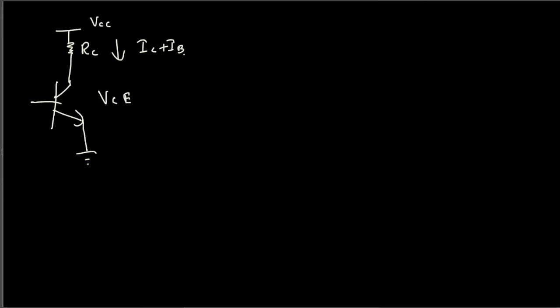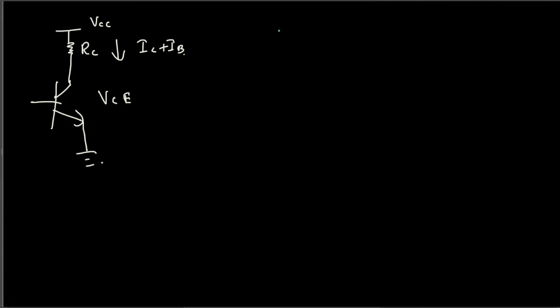So first we have a voltage source, that's VCC, and then we have a collector resistor, that's RC, and the current through this RC resistor is IC plus IB, and then this one goes through the BJT transistor, and here we have a voltage VCE, collector emitter voltage right here, and this one connected to the ground.